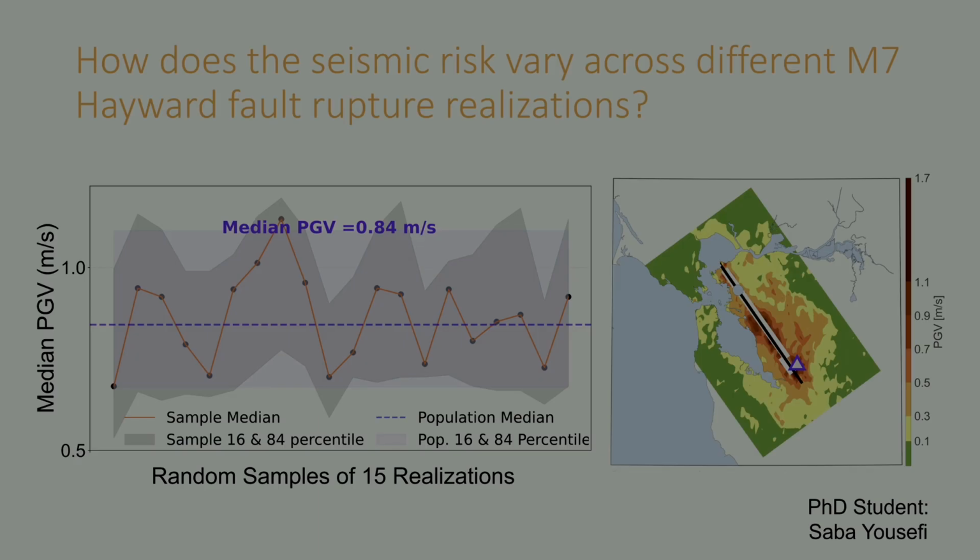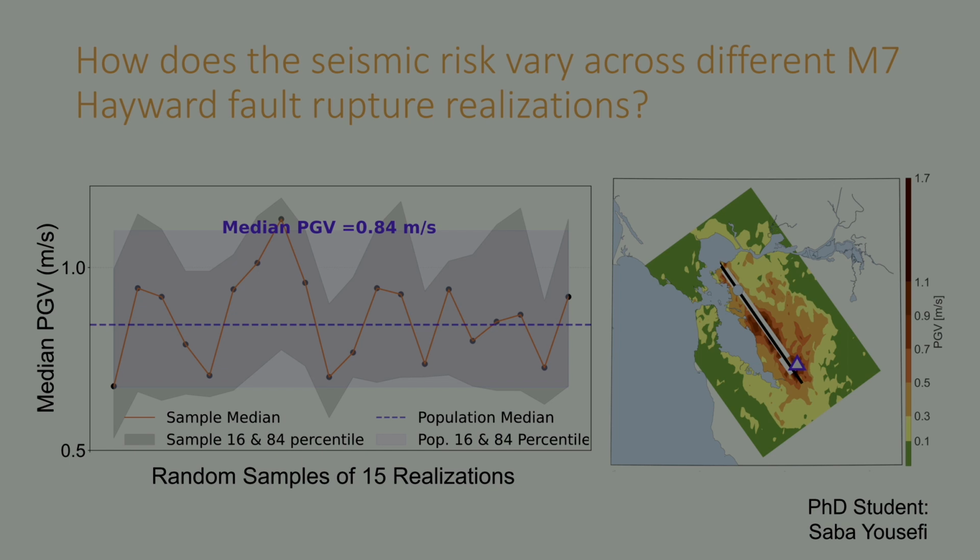So on the left here, you have some of the data generated by my PhD student as well. If we take the 50 realizations of ground motions and assume that is our full population of possible realizations for this magnitude 7 scenario, which it's not, I'm sure there's more, but let's assume that's the ground truth for now.